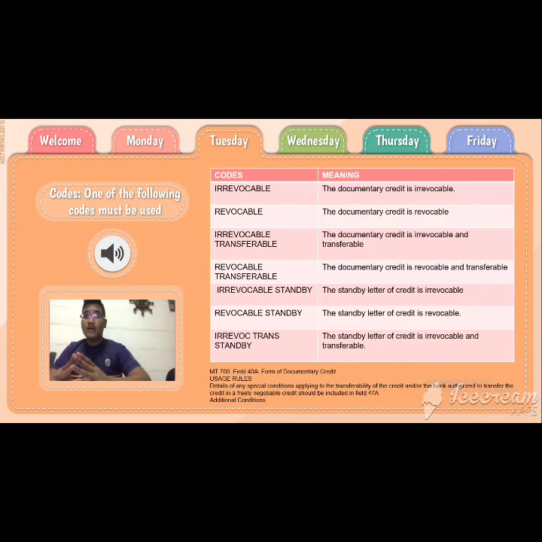That means it's a guarantee, for the worst scenario, and cannot be changed without the agreement of all parties. Revocable standby is a standby letter of credit and can be changed. Irrevocable standby cannot be revoked, cannot be changed, and is transferable.